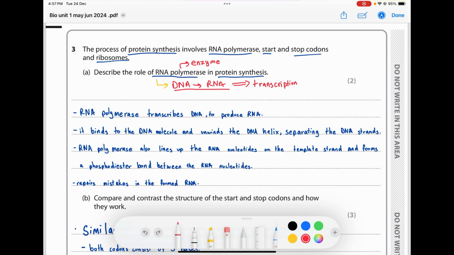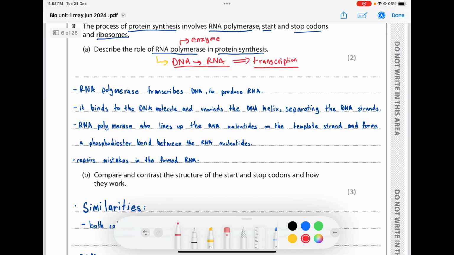It says, describe the role of RNA polymerase in protein synthesis. So RNA polymerase is an enzyme, and what it basically does is it converts DNA, it doesn't convert, but it changes DNA into RNA, which is known as transcription. So I wrote, RNA polymerase transcribes DNA to produce RNA.